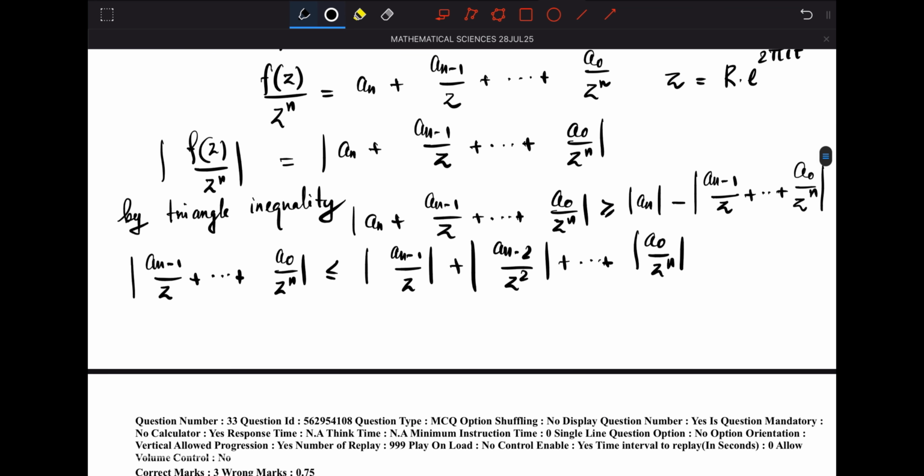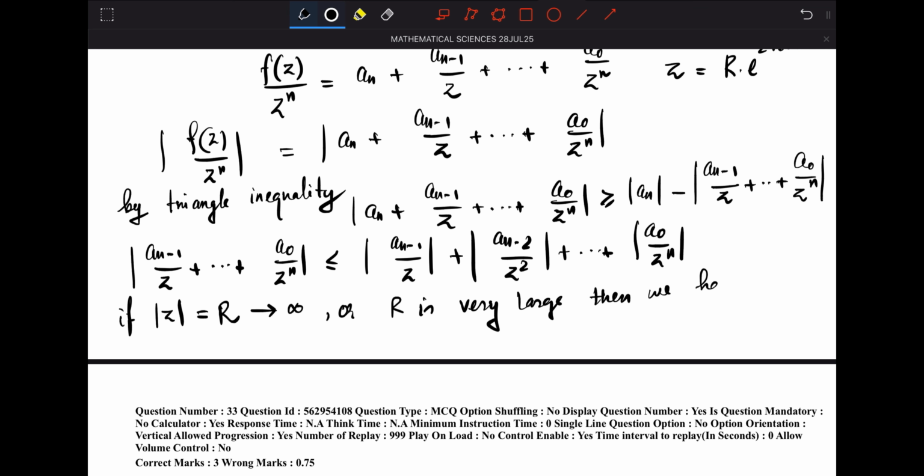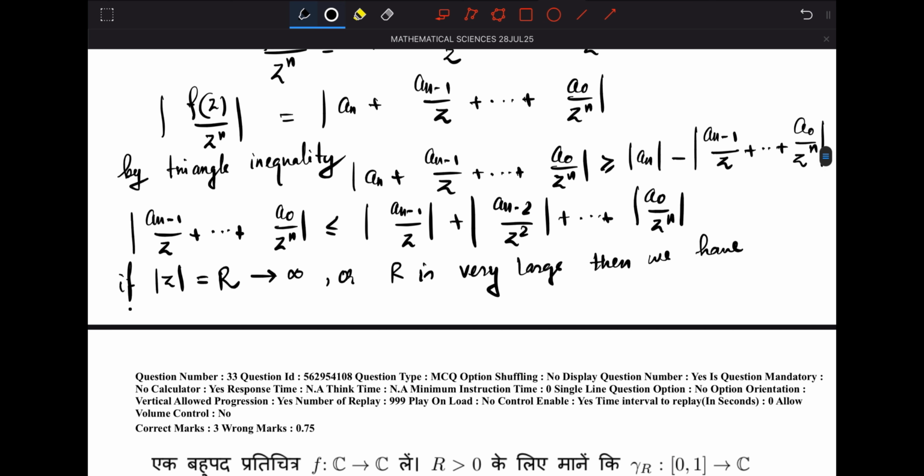Okay. Now if mod z equals r tends to infinity, or r is very large, then for sufficiently large r, let us define this quantity as a, it is less than or equal to mod a_n divided by 2.